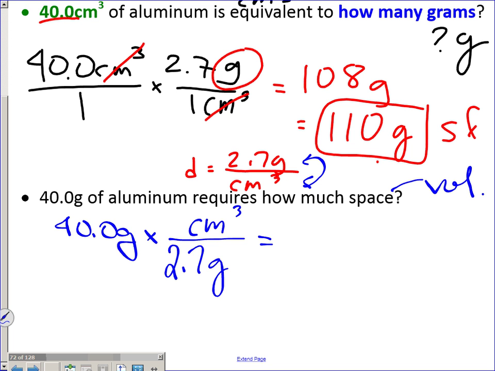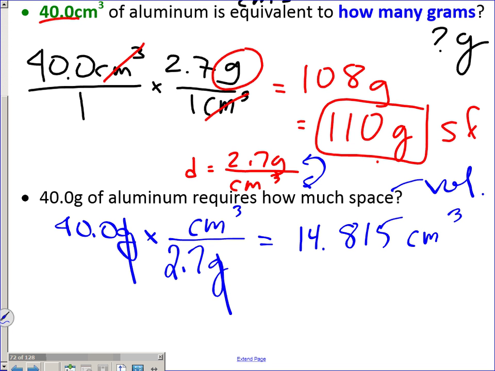Right, so what's 40.0 divided by 2.7? 14.8 or something like that. Can you give me three decimals? 14.815, okay. Centimeters cubed. Let me double check that. Okay. So grams and grams cancel because those two units are counter to each other.